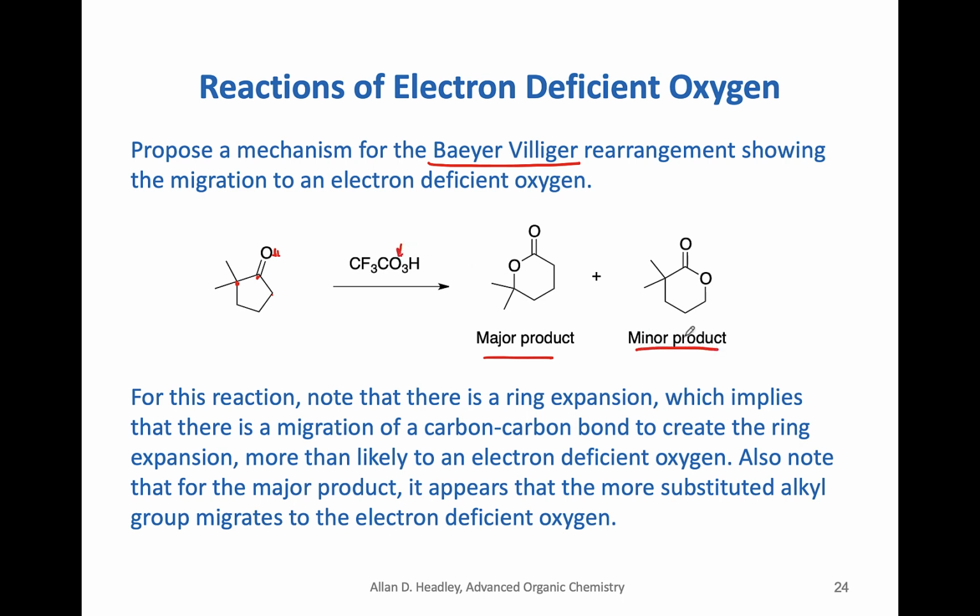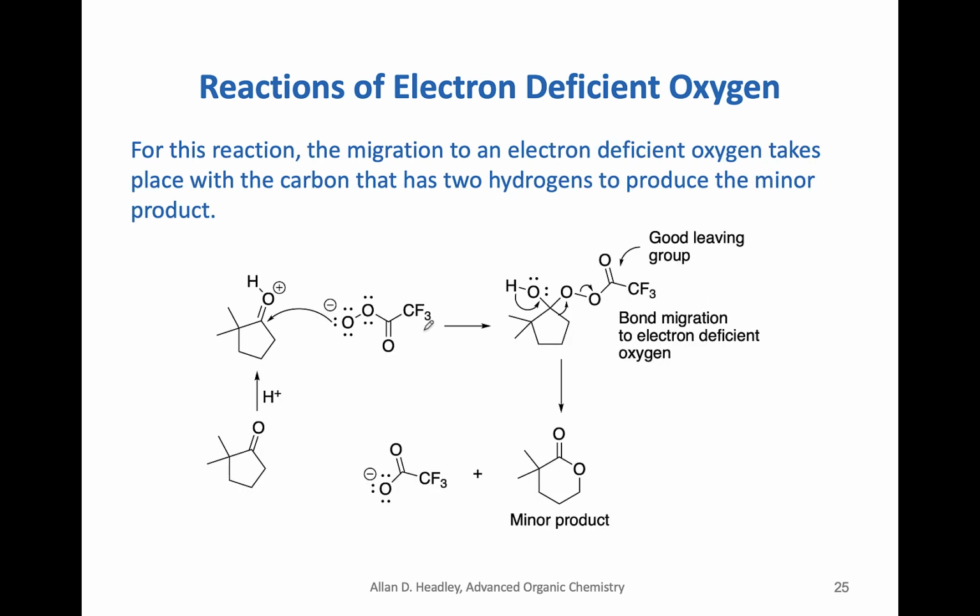So let's look here at the mechanism. Starting off with the ketone, protonation from the acid gives this electrophilic carbon here. The peroxyacetate anion, nucleophilic, will attack here to give this. Same mechanism.